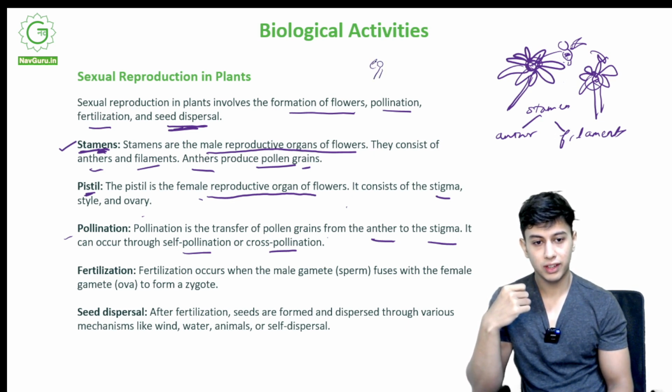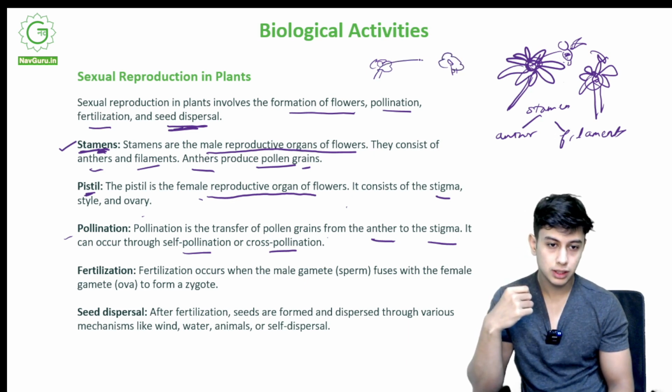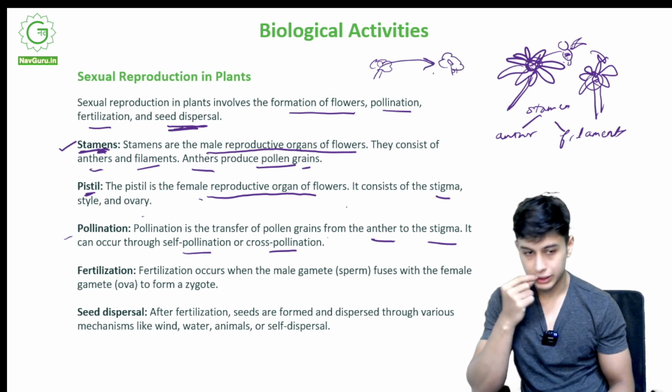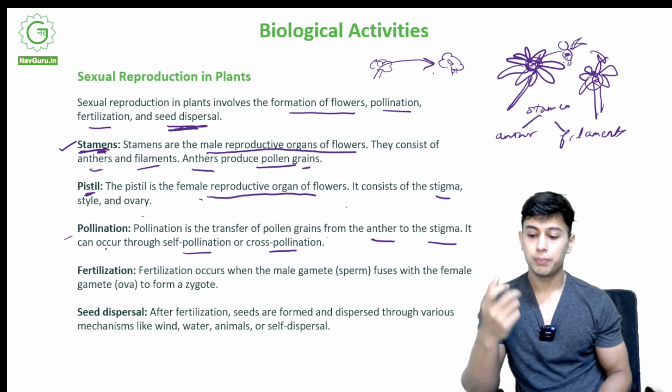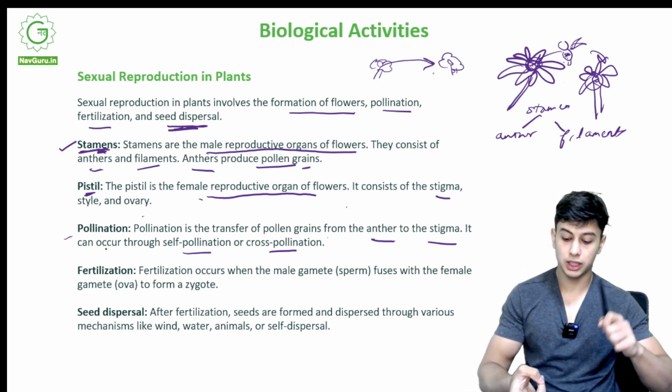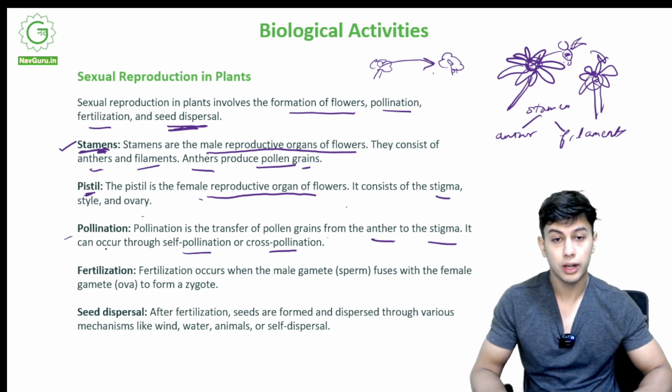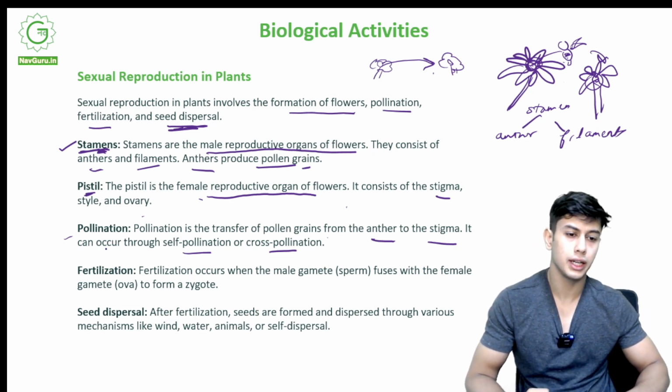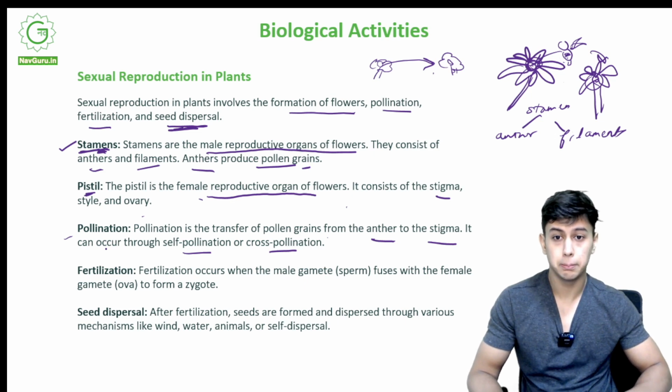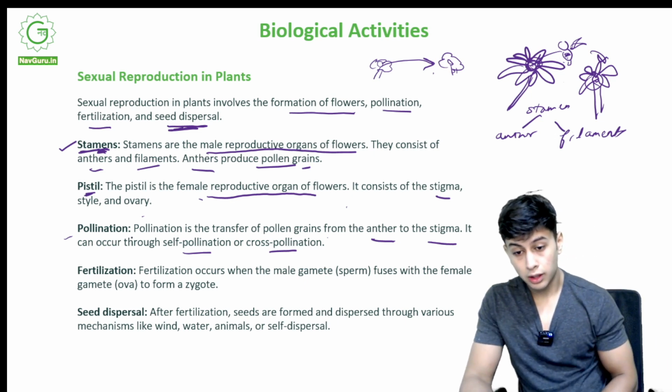So maybe the one flower was over here and one flower was on another plant of the same species, and it gets transferred over here. So that is pollination. Pollination can occur through wind, pollination can occur through insects, birds, all these things.